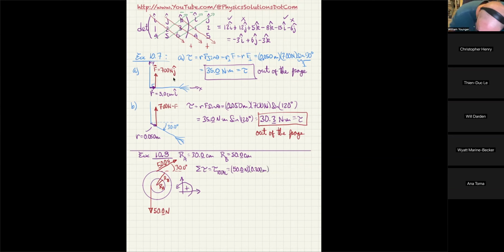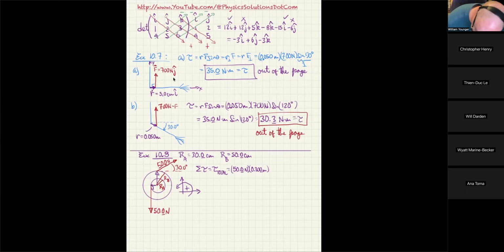Notice the lever arm vector is perpendicular to the actual force vector, so all I have to do is R times F. In the other case, the R vector is not perpendicular to the force, but I can use the component of F that happens to be perpendicular to the R vector. So I'm going to do it that way.